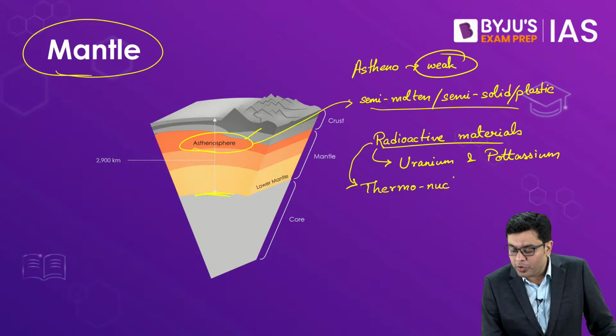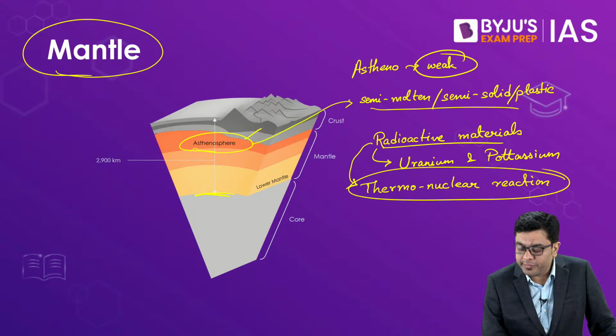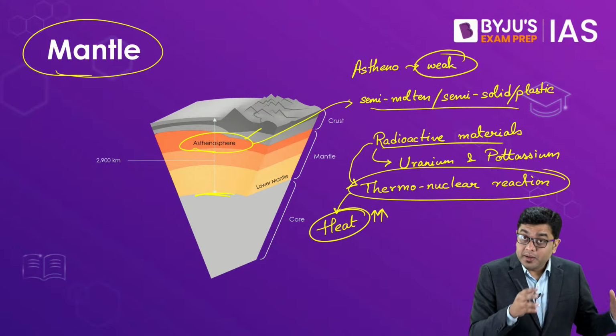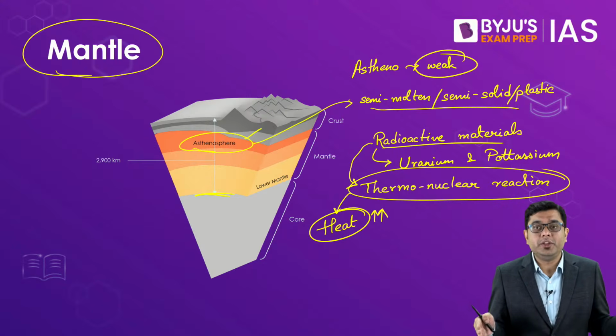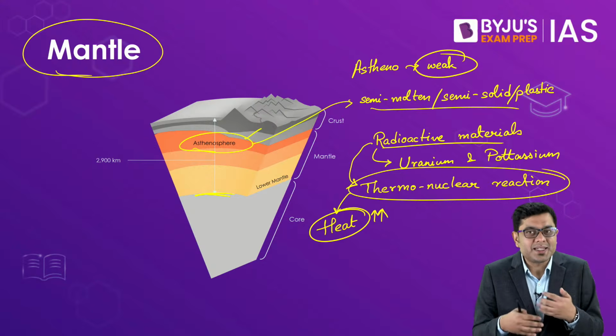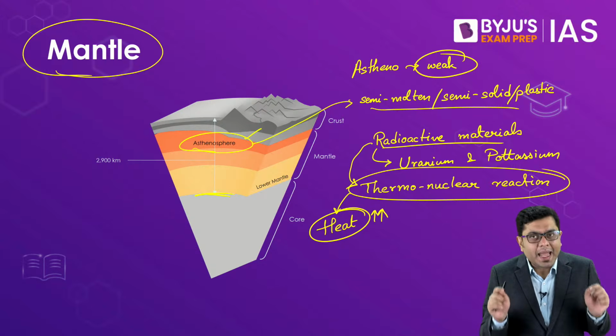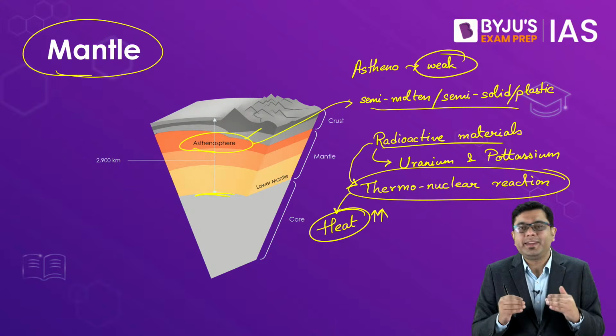And this thermonuclear reaction is responsible for producing a very high amount of heat, and as a result of that heat, the different elements present in the region of the asthenosphere start slowly being melted, but not into an absolute liquid, a kind of semi-solid.